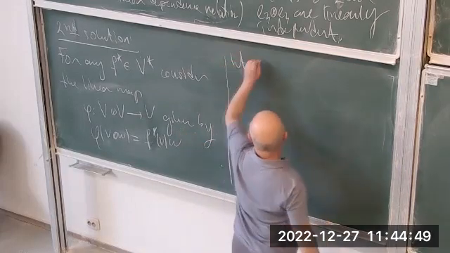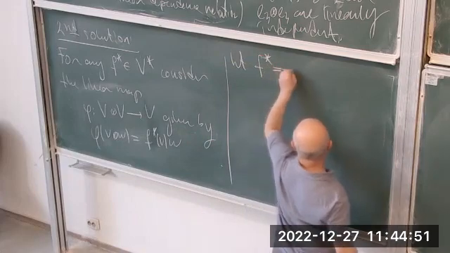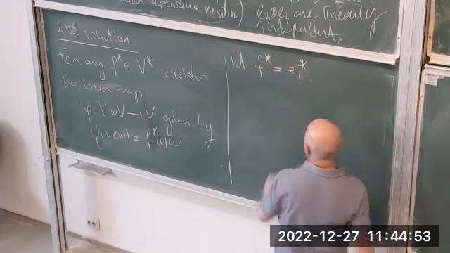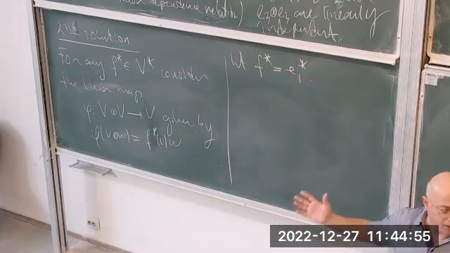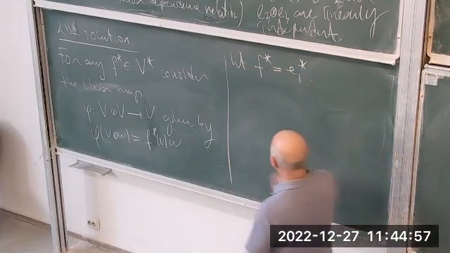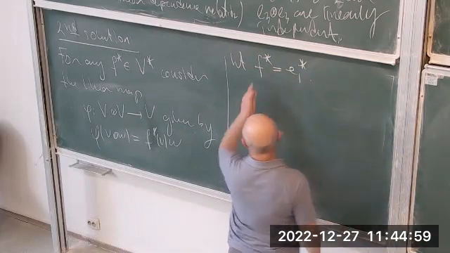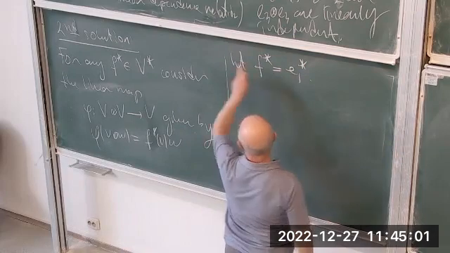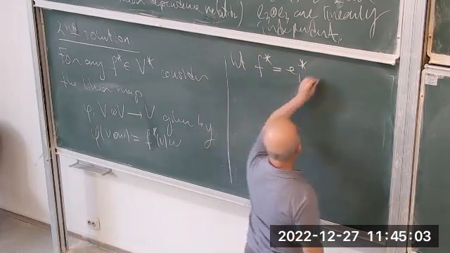Let x star be e1 star. Okay, I can choose any vector or covector I want. Let me use this one. Then apply this to this identity.